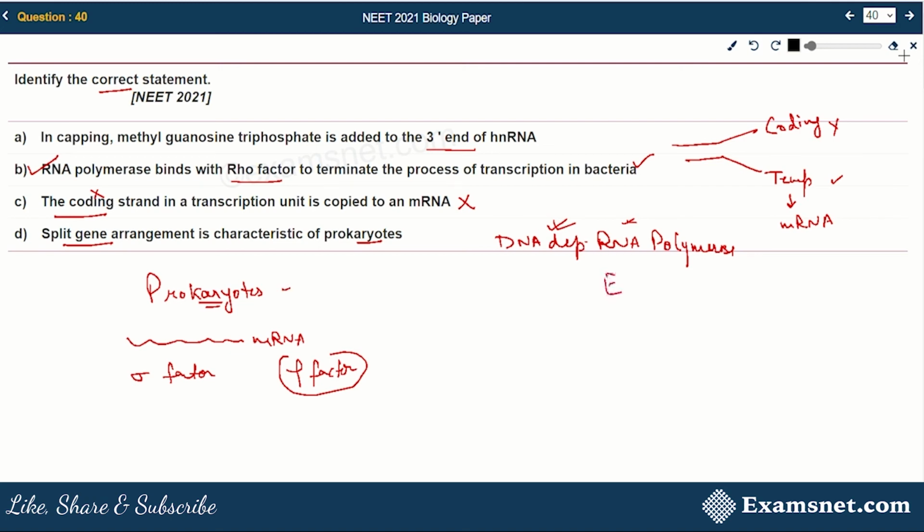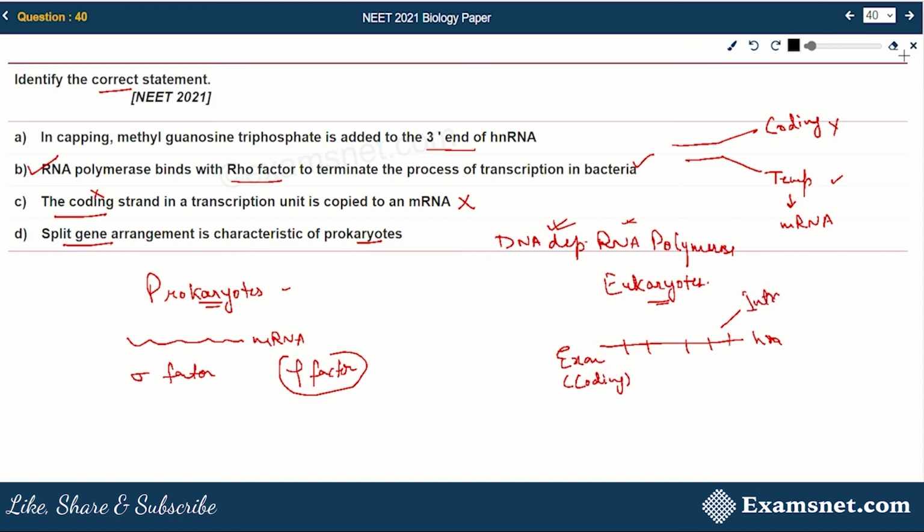What happens in eukaryotes? Here there are some complexities, and one of the complexities is that the primary transcript here consists of two types of sequences. One is exons or coding sequences and the other is introns or intervening sequences.